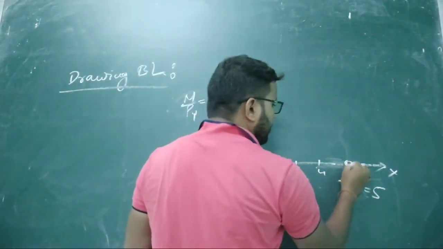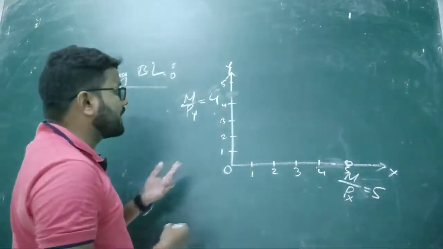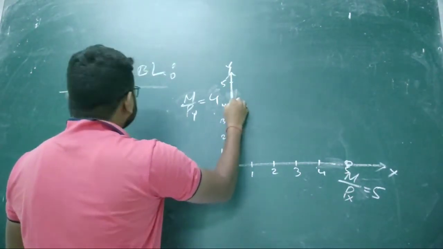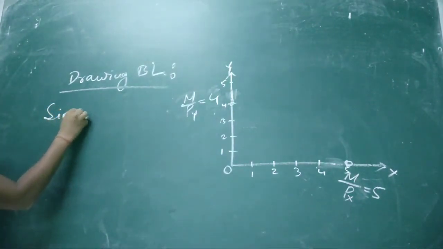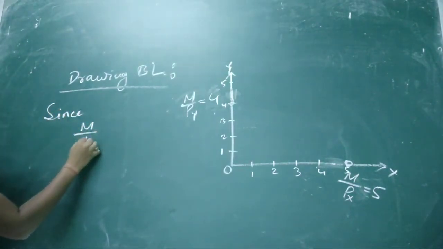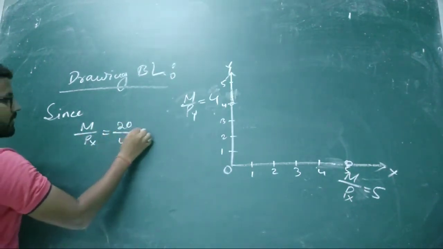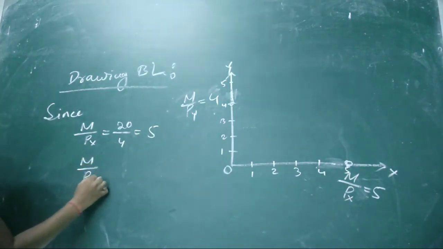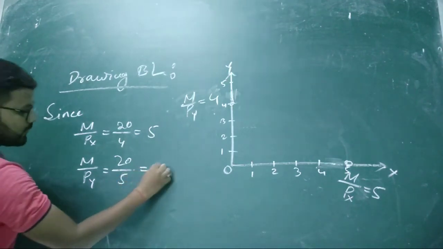It is equal to 5. And what is the amount of m by py on the y-axis? It is equal to 4. Since m by px is 20 divided by 4, equal to 5, and m by py is 20 divided by 5, equal to 4.